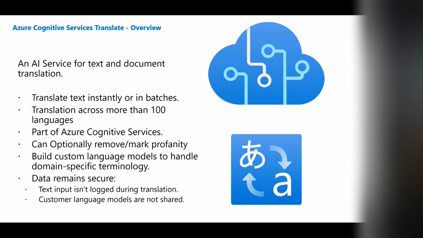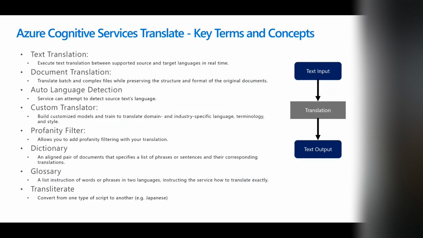In regards to batch or document translation, it takes advantage of a storage account, and we will look at that in the demo as well. So this is a quick summary of the service. As I said, it's a very simple service: translation, text input, text output.